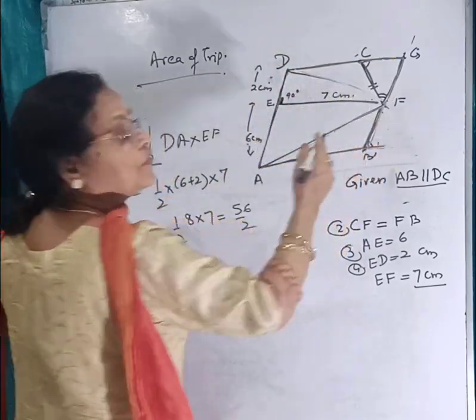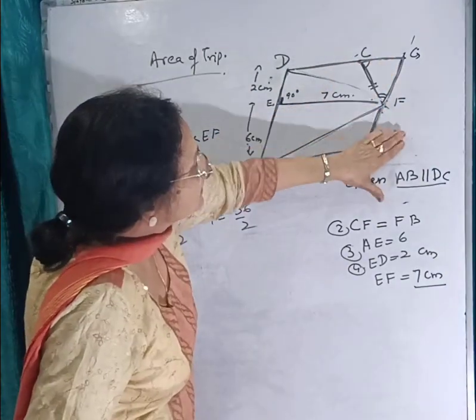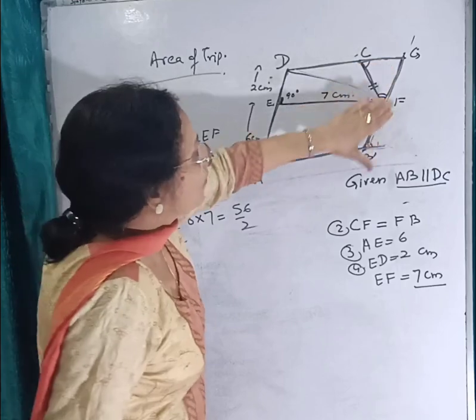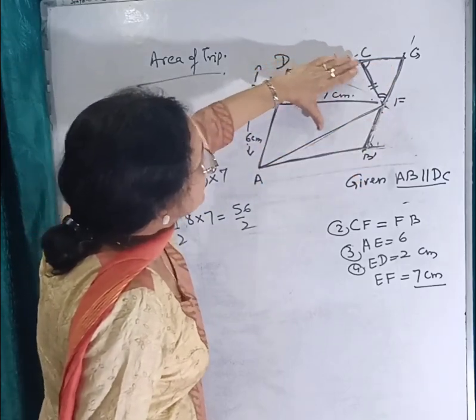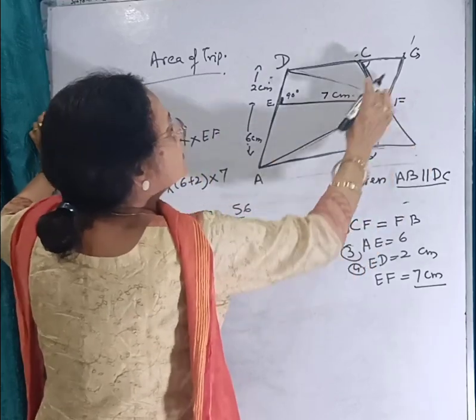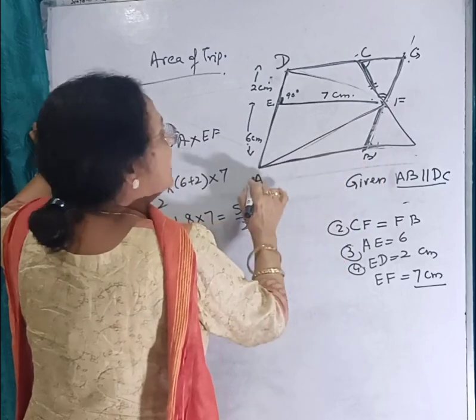Hence the area of this square, which is nothing but the area of the trapezium also, because this portion was shifted over here, due to which the shape of the figure has changed. This is nothing but the area of DGBA.